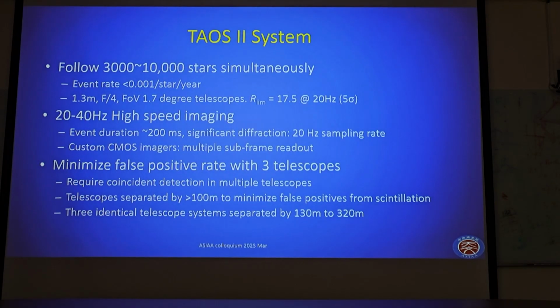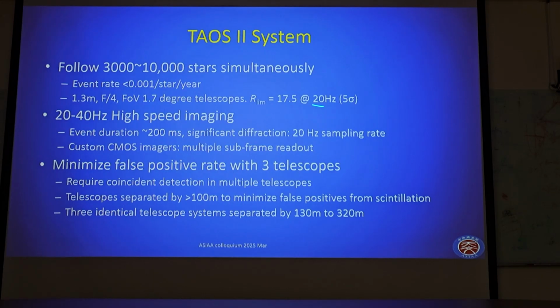Okay, so for the TAOS II system, we hope to follow, roughly speaking, 3,000 to 10,000 stars simultaneously, on average on the order of 5,000 stars or more, because the event rate that we derived from the TAOS I result shows that you do need a lot of stars in order to get events. So we have a 1.3 meter telescope with a field of view of 1.7 degrees.